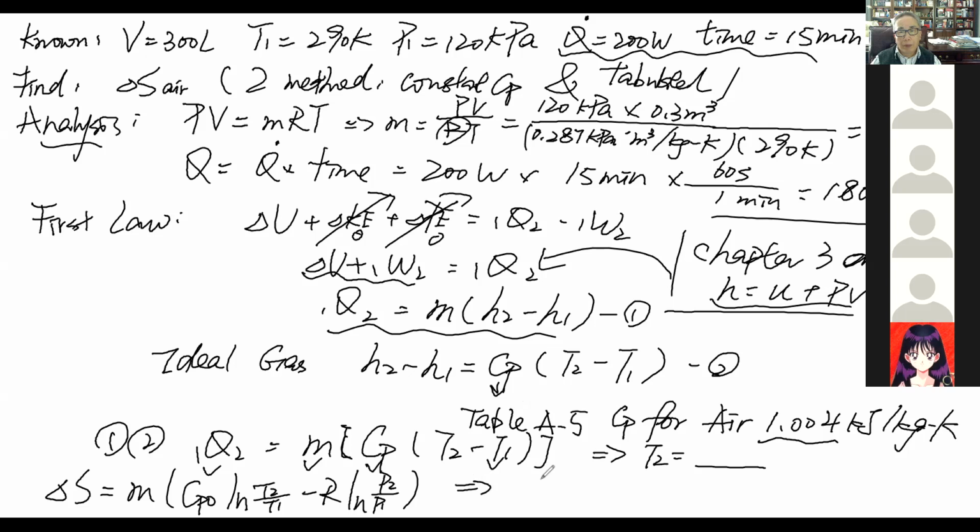Then we can get delta S because we know everything, and this term is 0, because the pressure doesn't change. So we end up with Cp0 ln(T2 over T1). Then we can get a final answer.